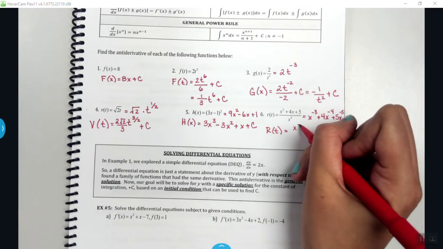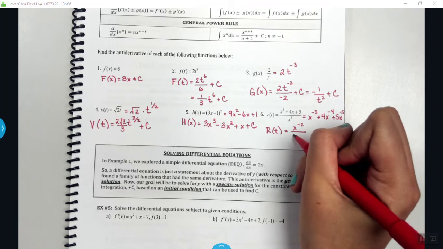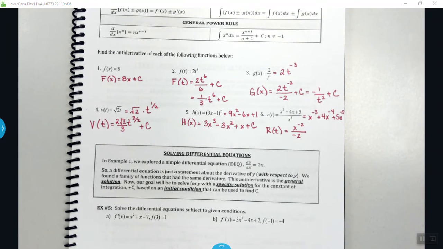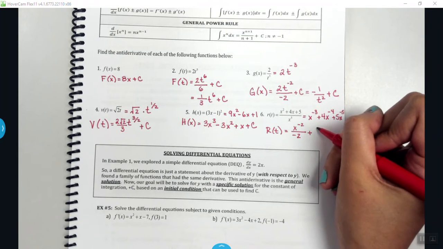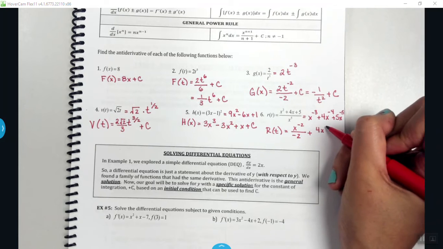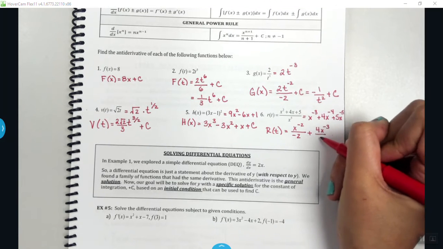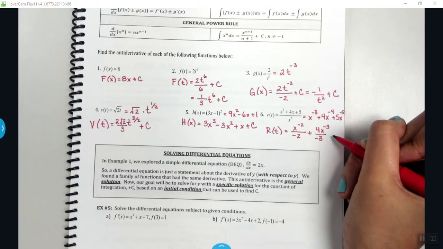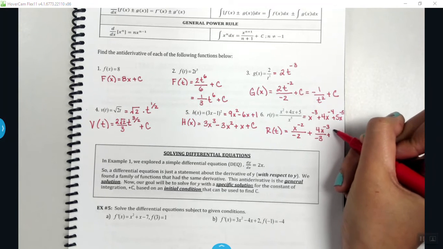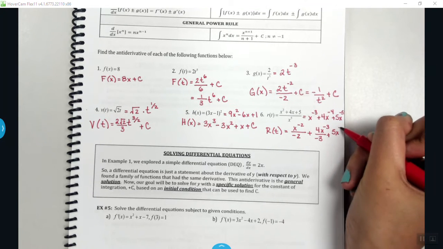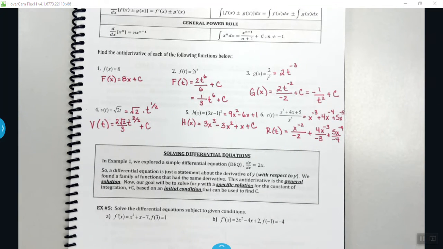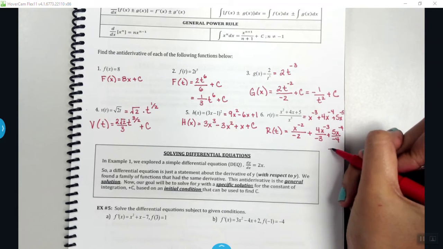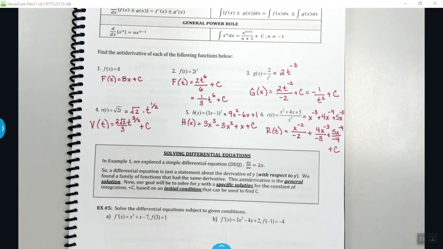Negative 2x to negative 1/2. Yeah, negative 1/2 x to the negative 2 plus 4x to the negative 3 over negative 3. Plus 5x to the negative 4 over negative 4. I forgot. I don't have enough room. Just add on a little plus c at the end.